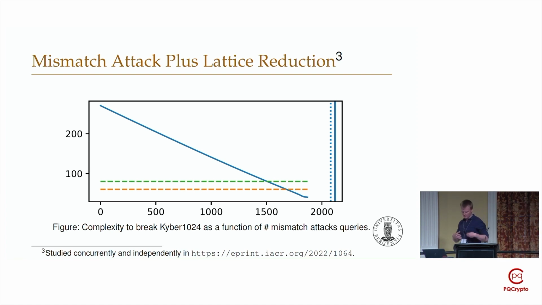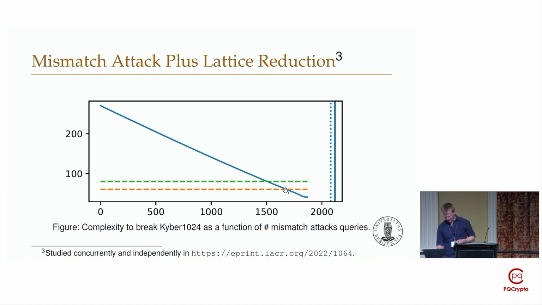So as an example here, if we take Kyber 1024 as an example, and we make around 1,500 queries, then we only need to spend around 2 to the 80 bit operations to solve for the rest of the key.